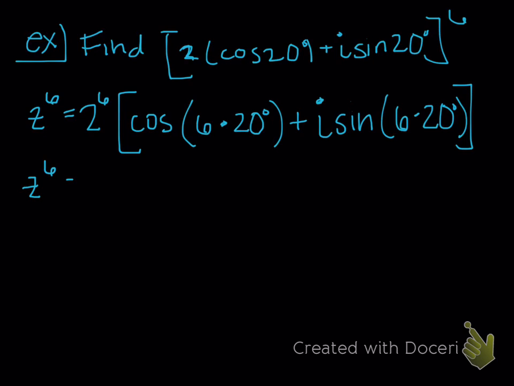So z to the 6th power, I would multiply 2 times out 6 times and I get 64. And this will become cosine of 120 degrees plus i sine of 120 degrees.